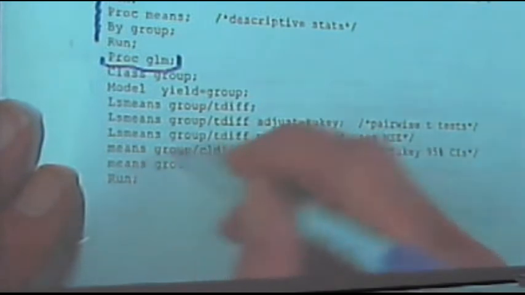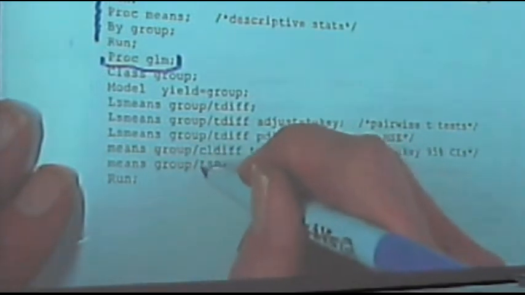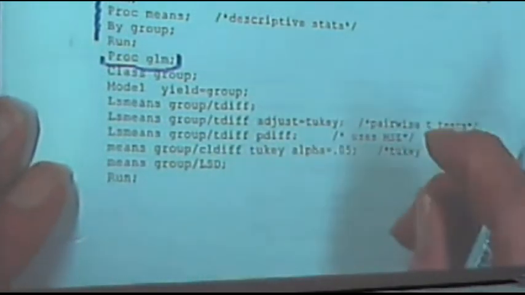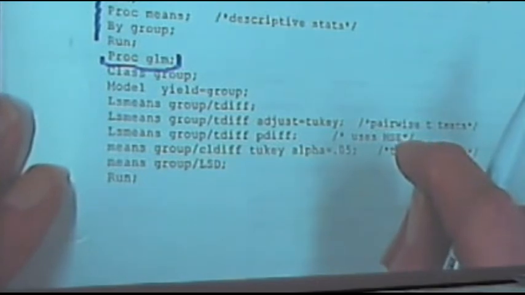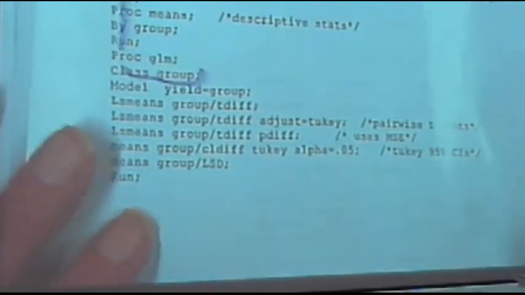And then finally means group slash LSD. So I'm just trying to contrast, what do all these things do for us in SAS? There's too many options, I think, here, in a sense. So let's just take a look at what's produced.